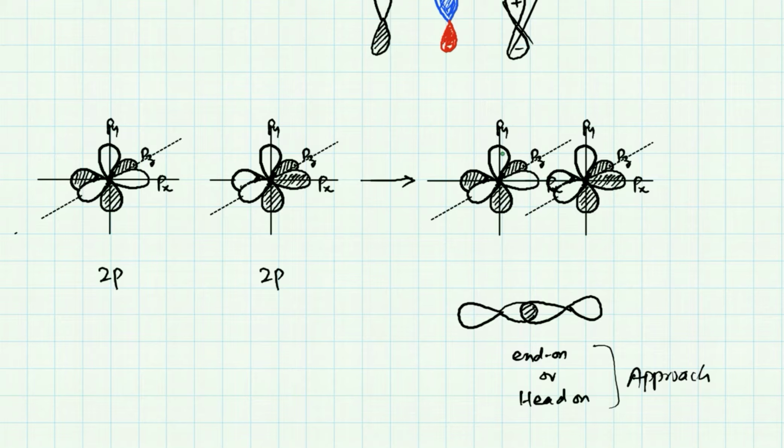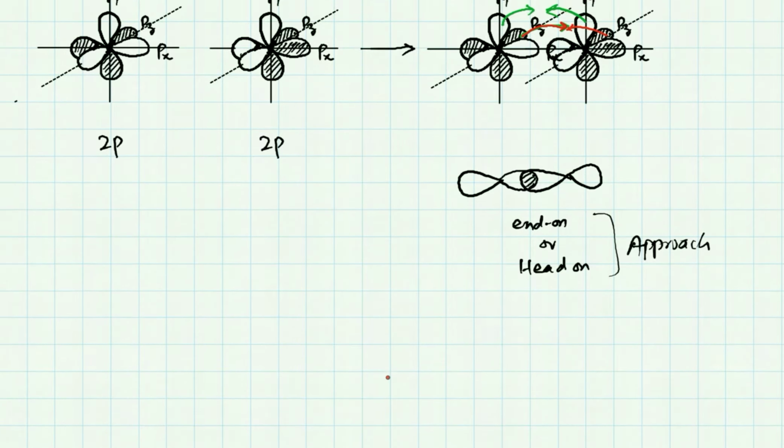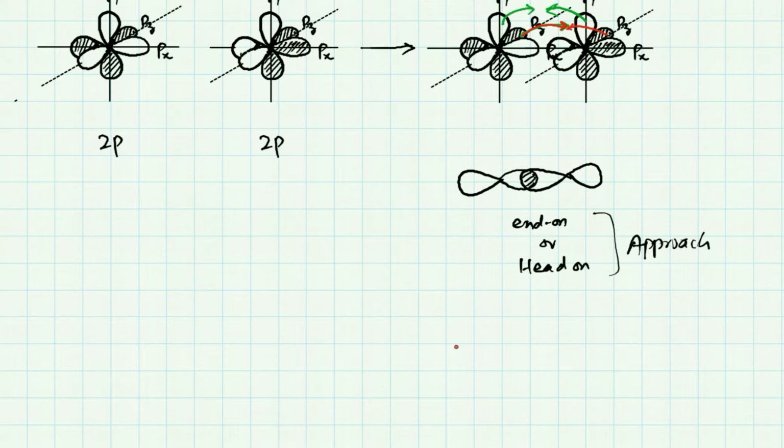What about these p orbitals and these p orbitals? They are combining in a somewhat different way.